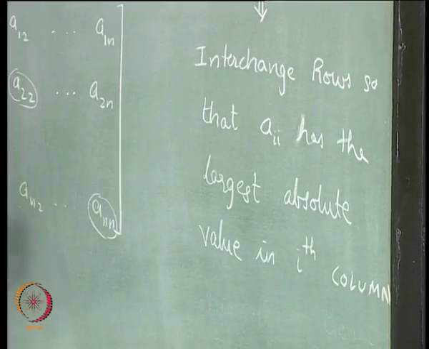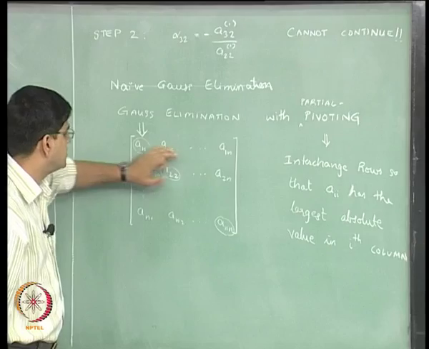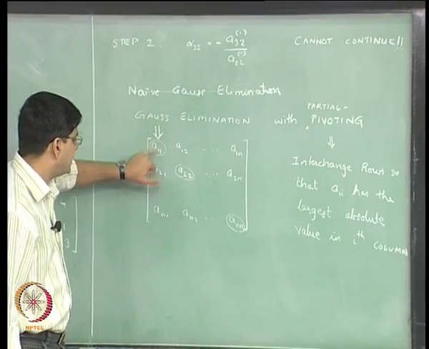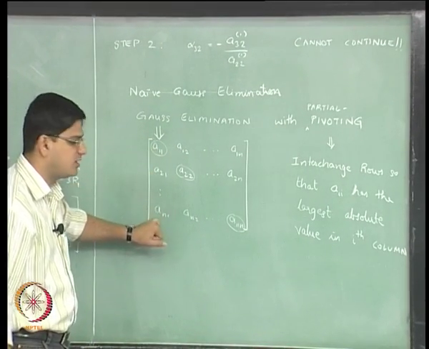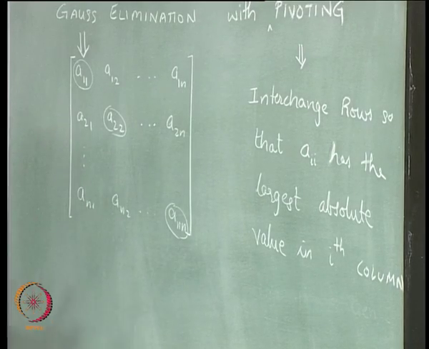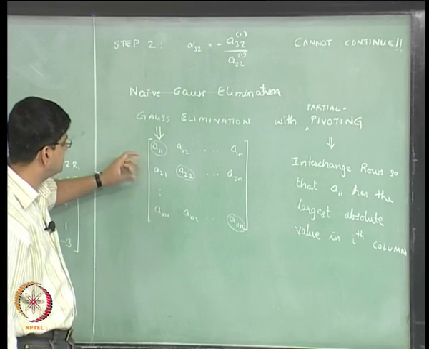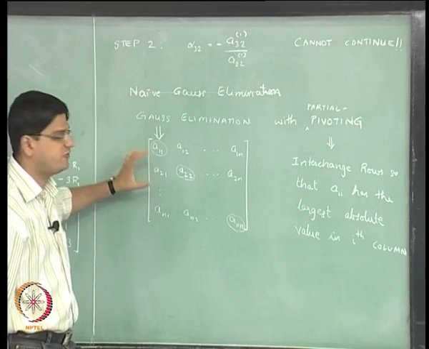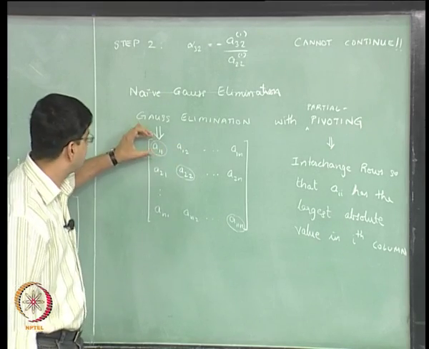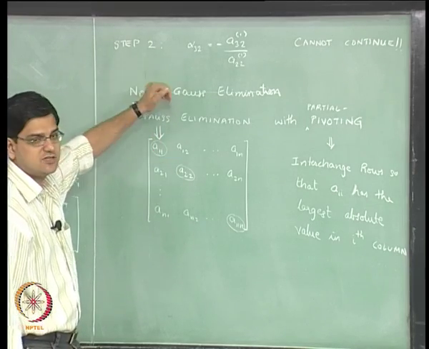For example, in step 1 we will take a look at the entire first column A11, A21 up to AN1. Let us say A51 is the largest value amongst all of these. In that case we will just interchange row 1 and row 5 so that the diagonal element becomes the largest. Then we will proceed with step 1.